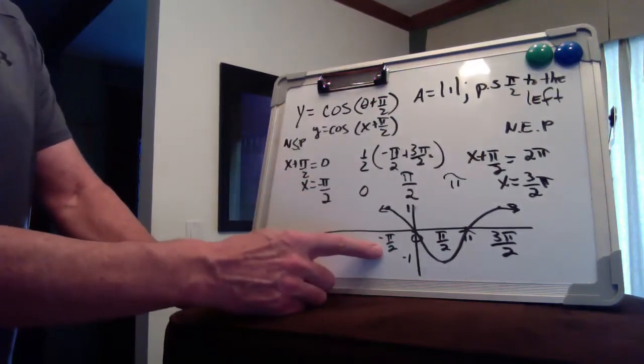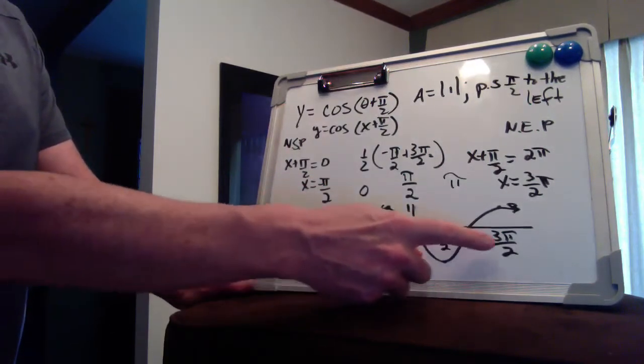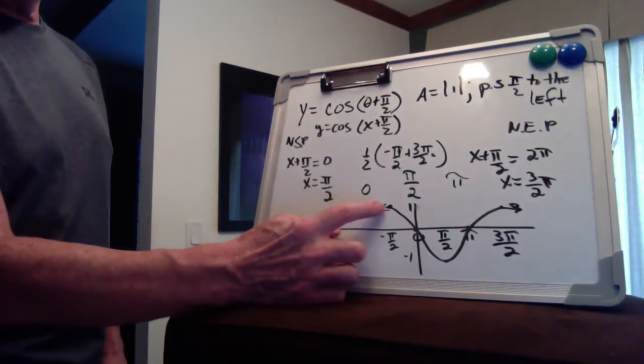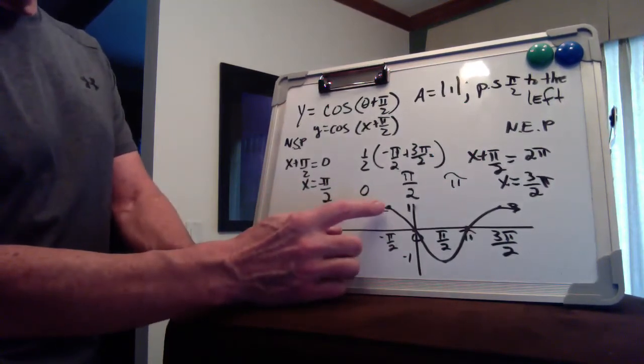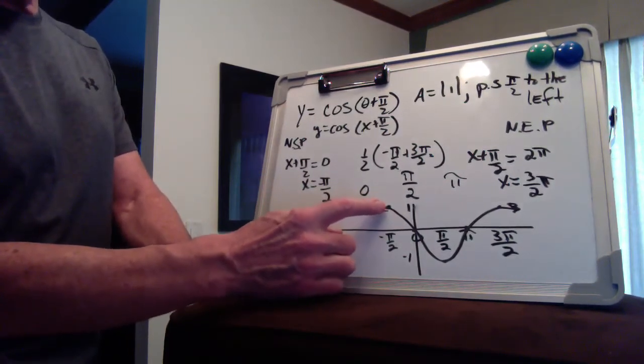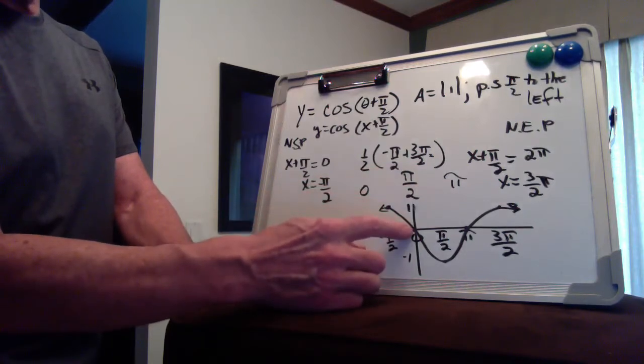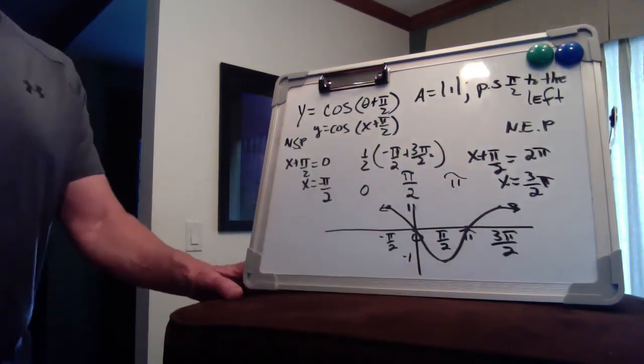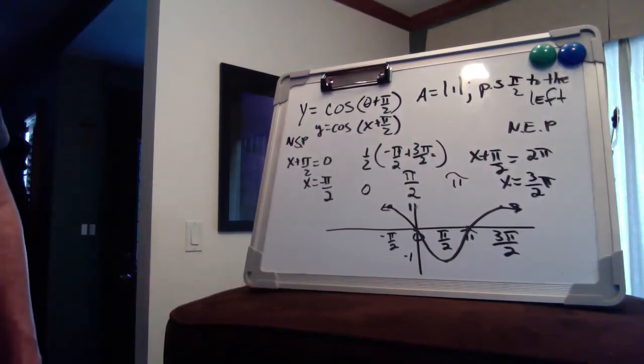And then as you graph here, you have negative pi over 2, 0, pi over 2, pi, and 3 pi over 2. At your starting point, you're at the highest point here. And then you go from your high point as you move to the right, you go to the horizontal, low point, back up to the horizontal, and then you're back at the high point. Okay.